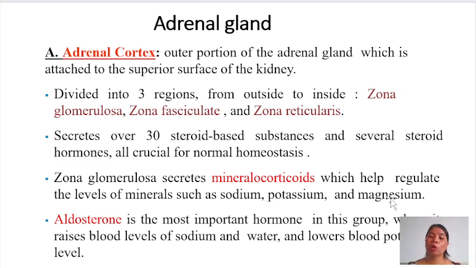The zona glomerulosa secretes mineralocorticoids, which help to regulate the level of minerals such as potassium, sodium and magnesium. Aldosterone is one of the most important hormones in this group, where it raises the blood levels of sodium and water and lowers the blood potassium levels.